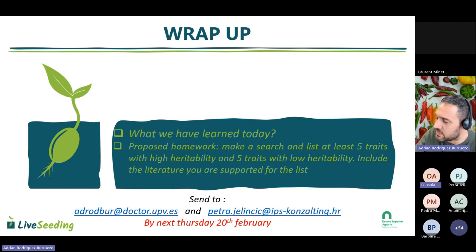Okay, this is according to the literature review I have done: these traits are of medium or low heritability, and these are of medium to high heritability on this species.